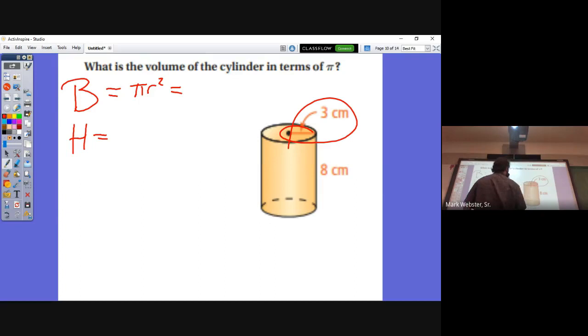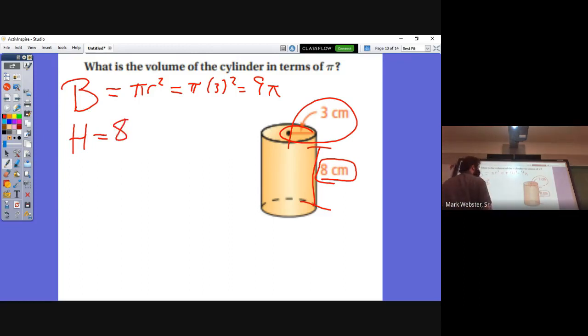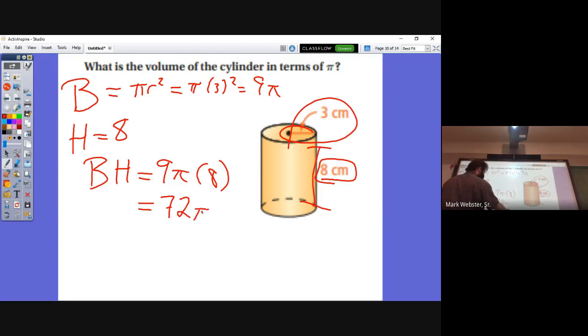Right here, it's 3, right? And then my height is 8. So I'm just going to do B times h. 9 times 8 is, in fact, 72. And then centimeters, so centimeters cubed.